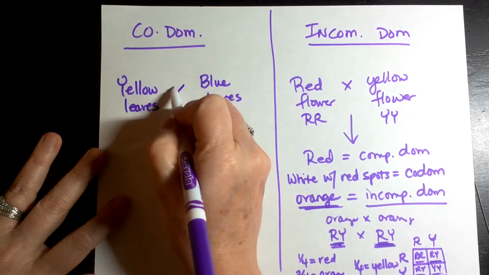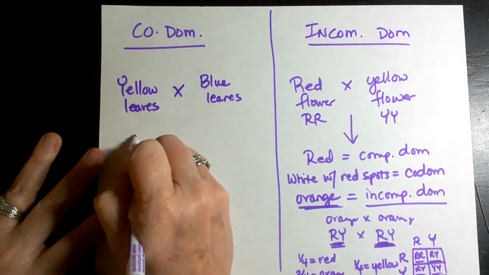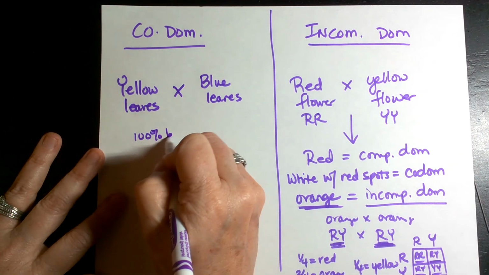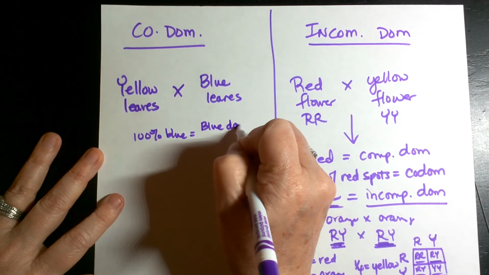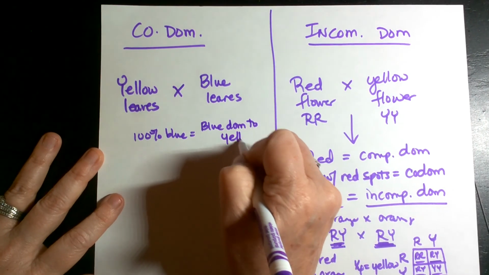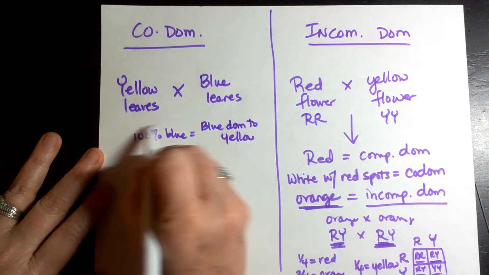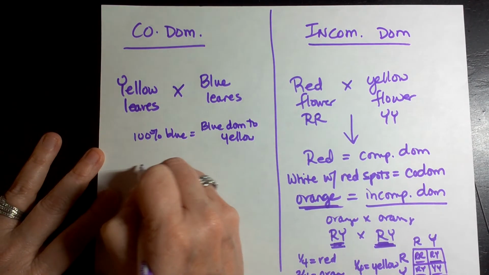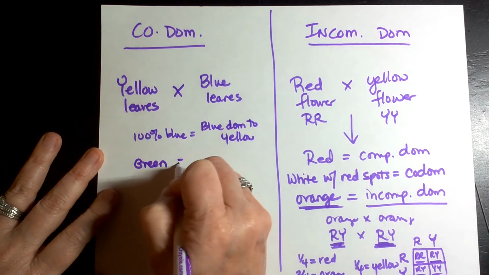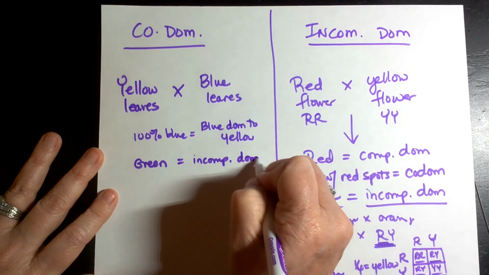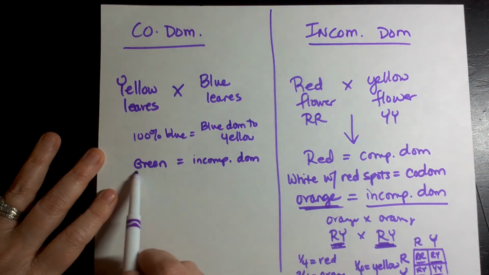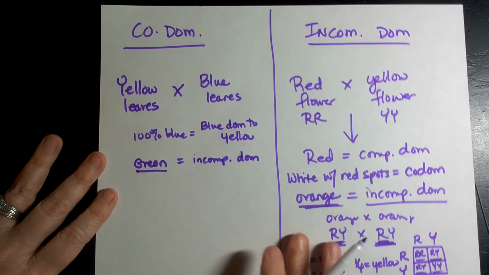Okay, so if we cross these two and we got 100% blue, then we would know blue is dominant to yellow. If we cross these two and we got green, we would know that it's incomplete dominance, because there is no allele for green. It's a blend between yellow and blue.